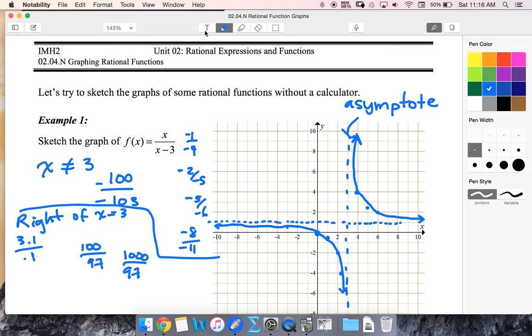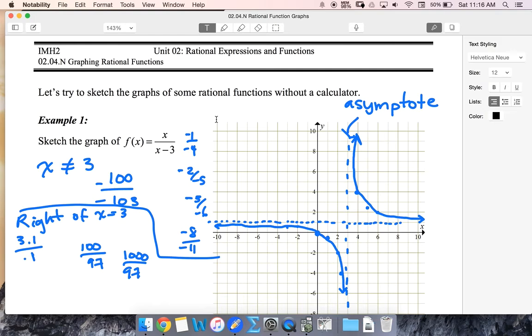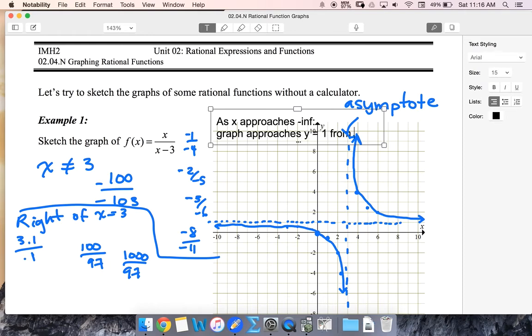So let's sum that up. I'm going to type this out. As x approaches, let's start with negative infinity, the graph approaches y equals 1 from below. So we're coming up from below and approaching 1.